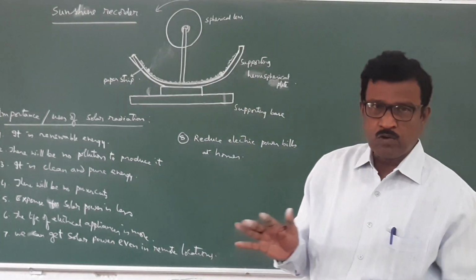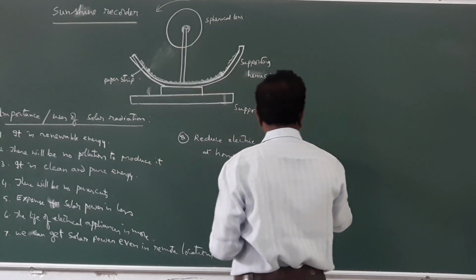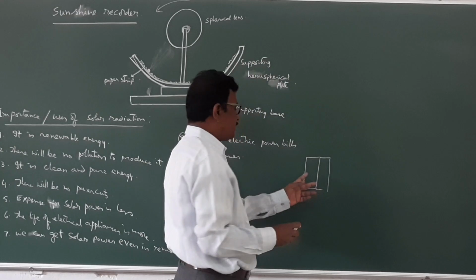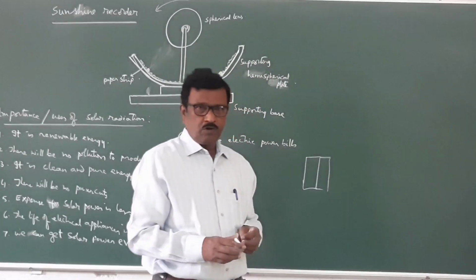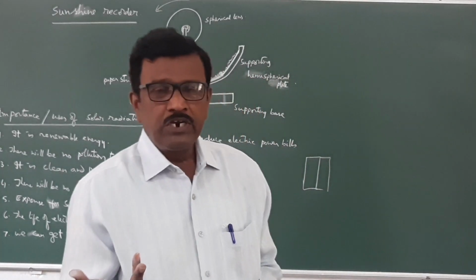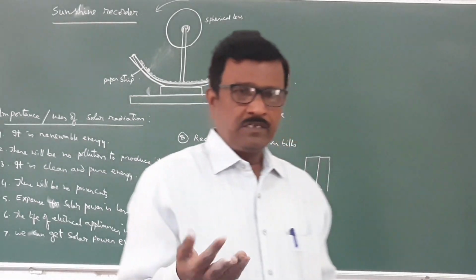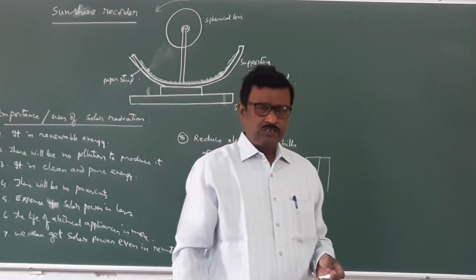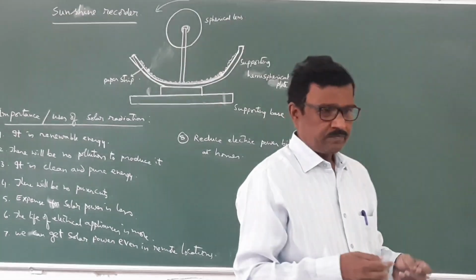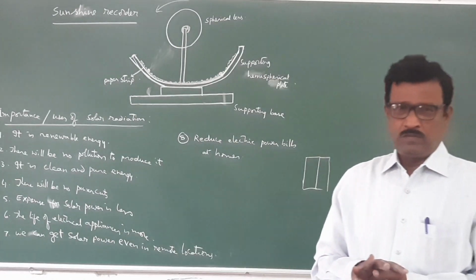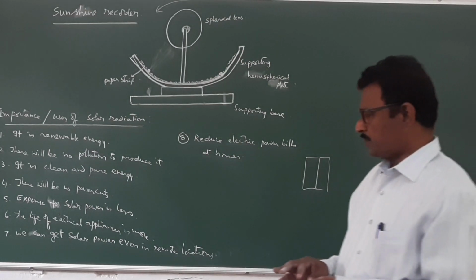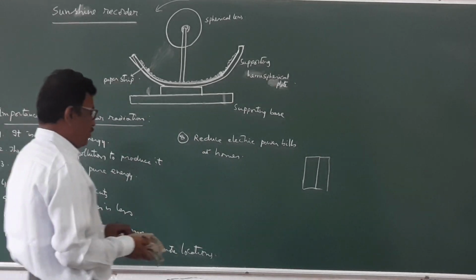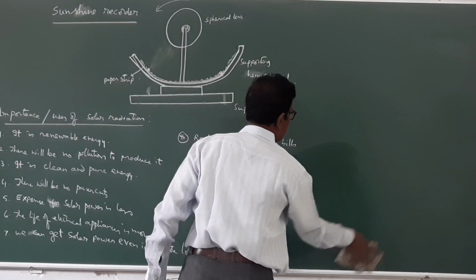When these solar panels are connected to your circuits, then in the daytime you need not spend even a single penny for utilization of power, because you are continuously getting solar power due to solar radiation. So these are the advantages of solar energy over normal electric power.